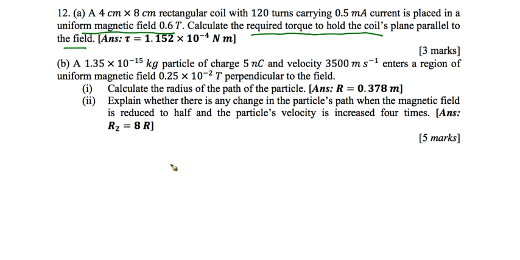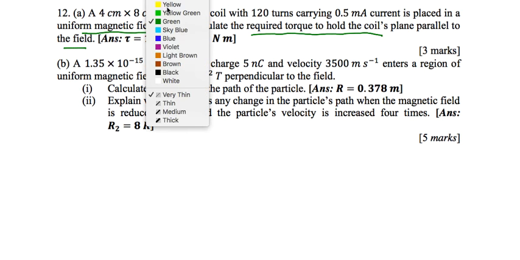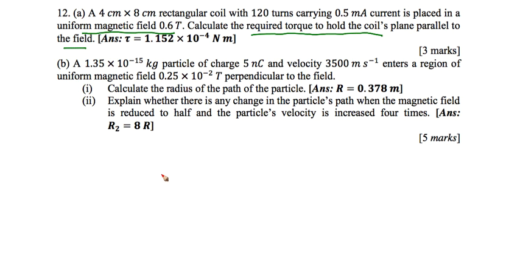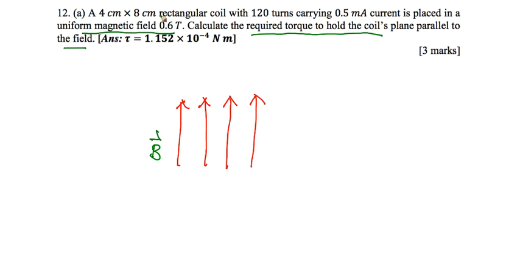So now, let's say this is the direction of the magnetic field B. And you have a rectangular coil, the plane parallel to the magnetic field, meaning you have a parallel coil.